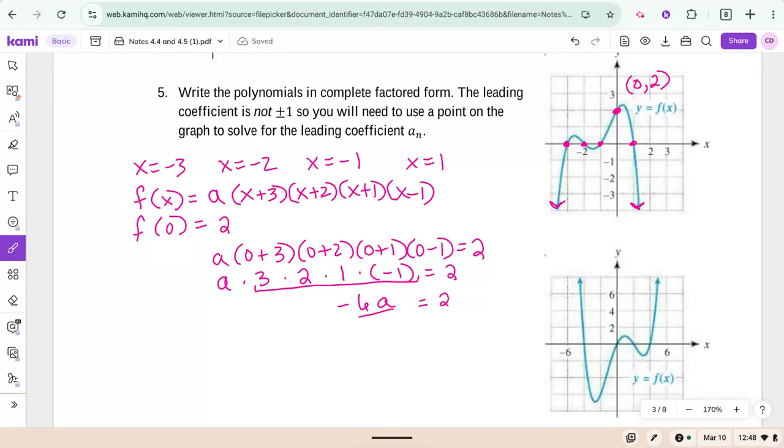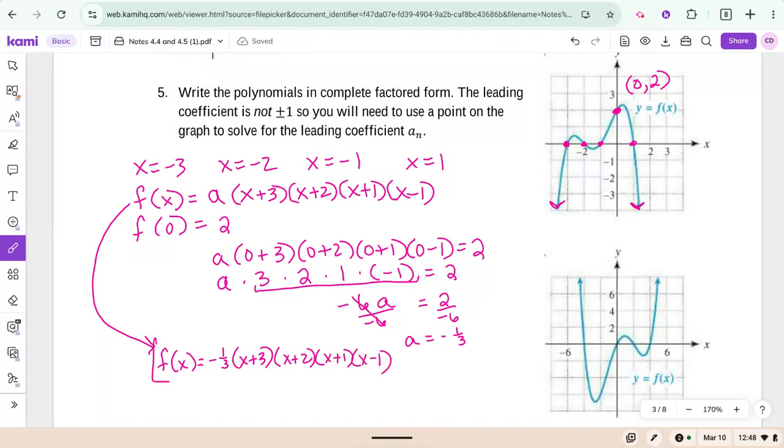I can divide both sides by -6, and a is, reducing that fraction, -1/3. Now that I know a is -1/3, I'll say f of x equals -1/3 times x plus 3 times x plus 2 times x plus 1 times x minus 1. And there you have it.